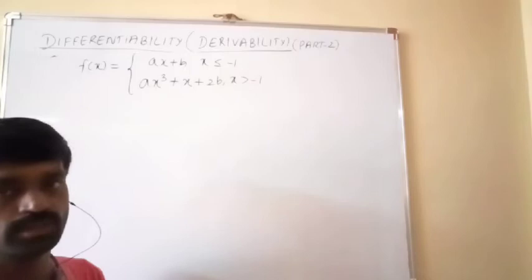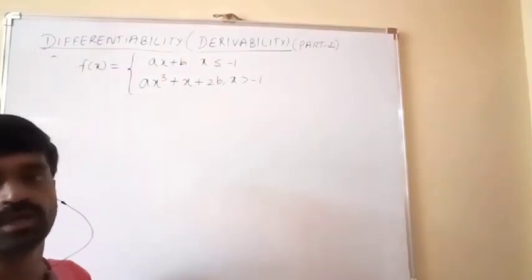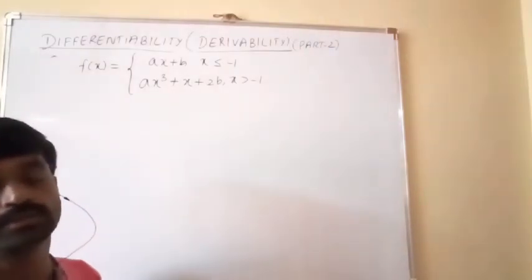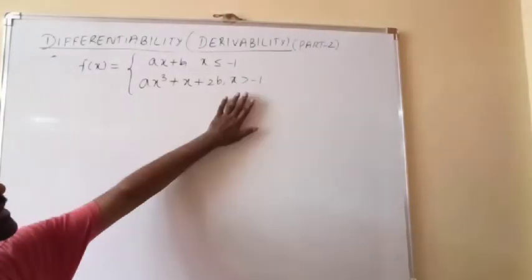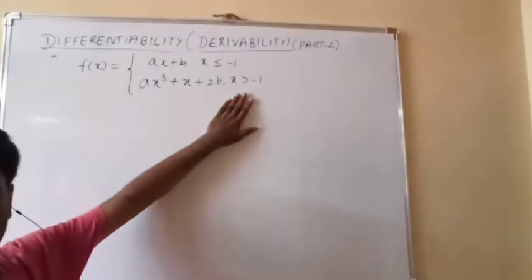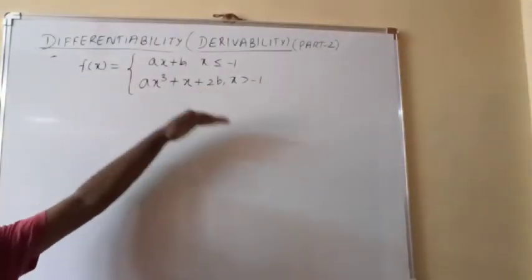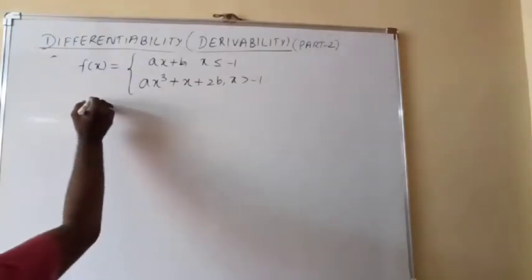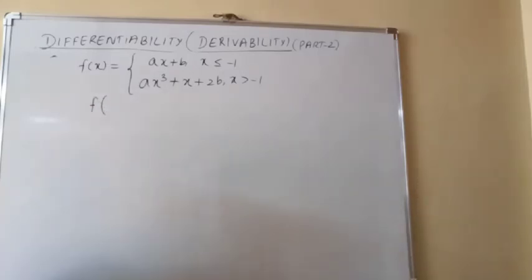Using this condition, we'll get only either a value or b value, or some relation between a and b. Then how to find a value and b value? We need one more condition. So remember, differentiable functions are continuous. As it is differentiable at minus 1, it is also continuous at minus 1. So first consider continuity at minus 1, then take differentiability at minus 1.